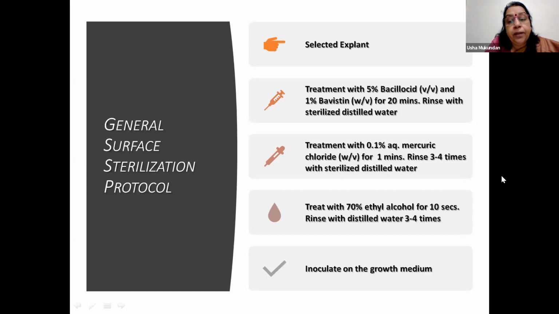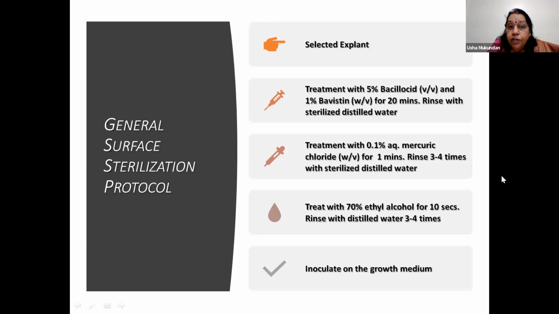Again, it interferes with the metabolism of the microorganism, resulting in its death. Time required is much less because mercury, if it penetrates inside, may render the cells non-viable, or the explant may die. Therefore, you use it only for a minute, and rinse it 3 to 4 times with sterile distilled water.